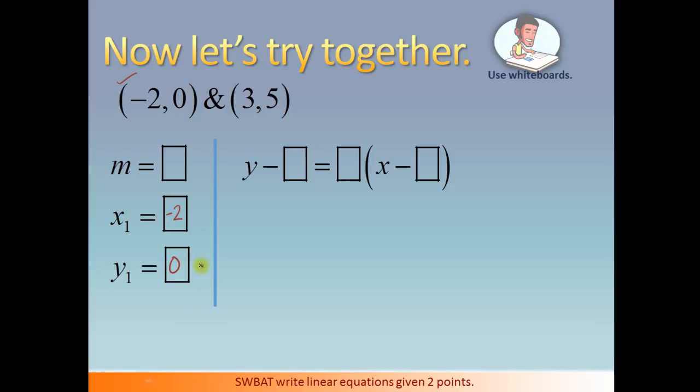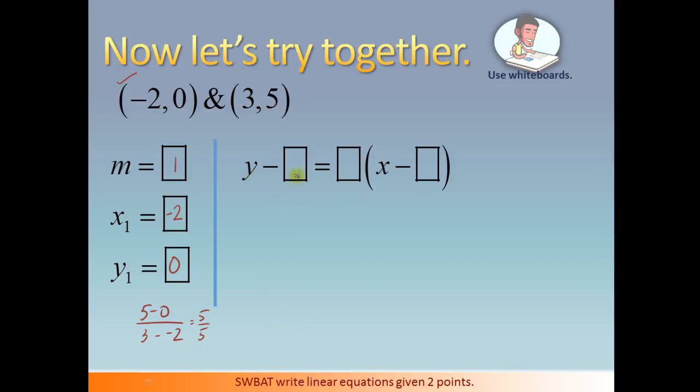The slope is your rise over run, difference of y over difference of x. So I'll do the calculation down here. It'll be 5 take away 0, 3 take away a -2, and that becomes 5 over 5, which is 1. Now we're ready to put these numbers into our point-slope form.